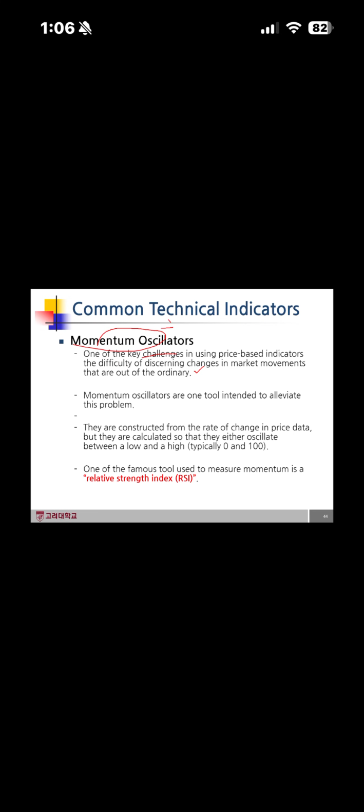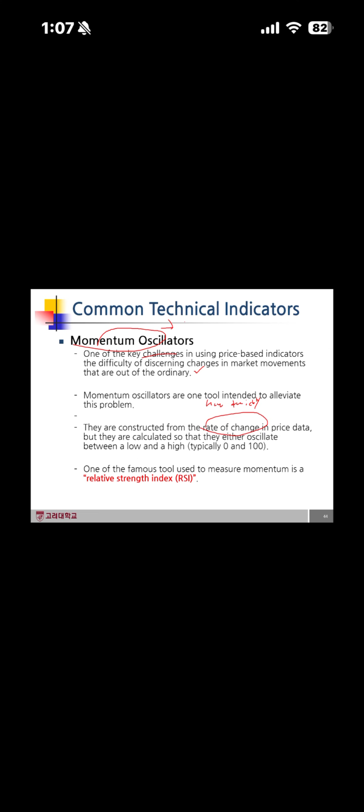So it's the rate of change in price data. And these indicators measure how quickly prices are rising or falling. And by examining the speed of price changes, you may detect a potential turning point in the market momentum.